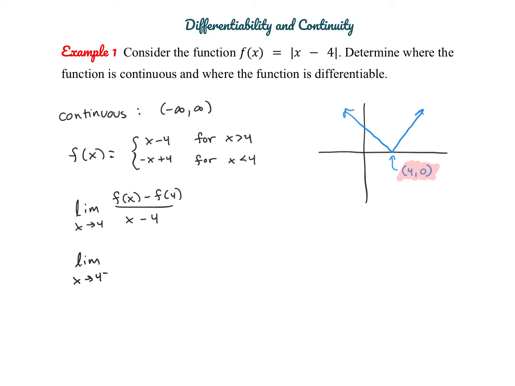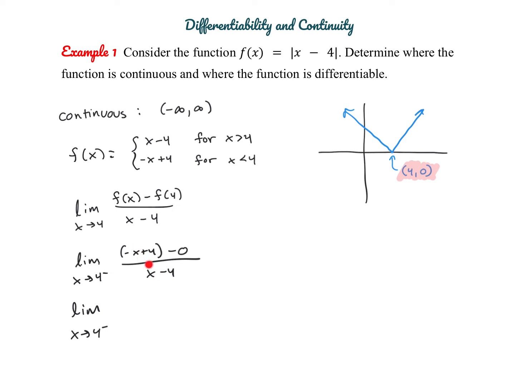So for this, we're going to use this portion of our function. So f of x is negative x plus 4. And then we're going to subtract f of 4, which if you use this portion of our function, is actually 0, over x minus 4. And let's evaluate this limit.